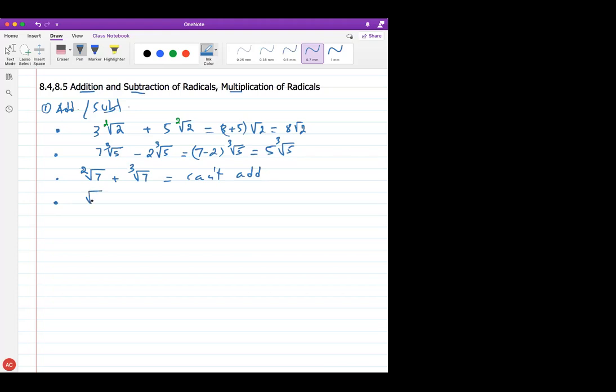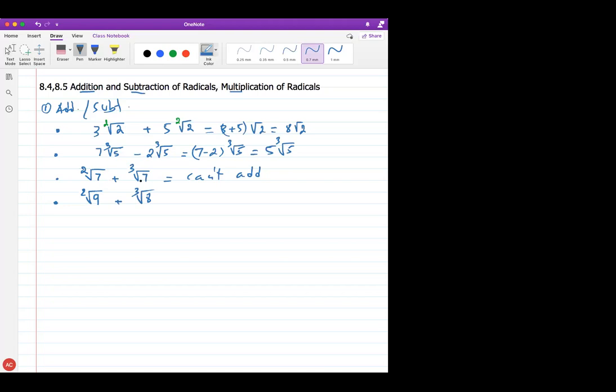But sometimes you may have, let's say, radical 9 plus radical 8, index 3. Can we add these two right away? No. Why not? Because the index is different.